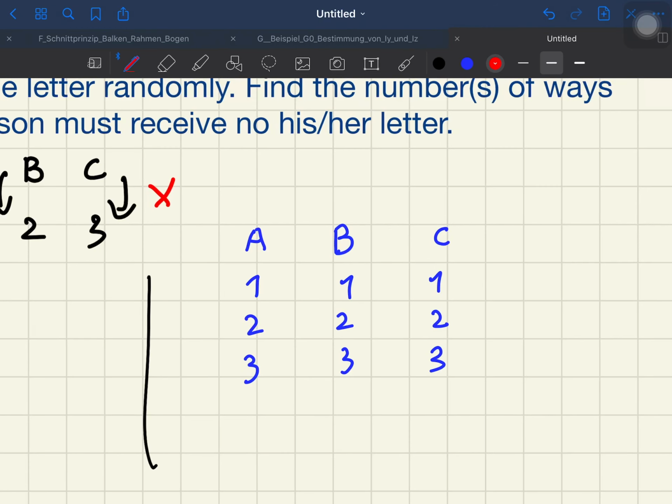You cannot repeat the number, because this represents that person A has chosen letter number 1.